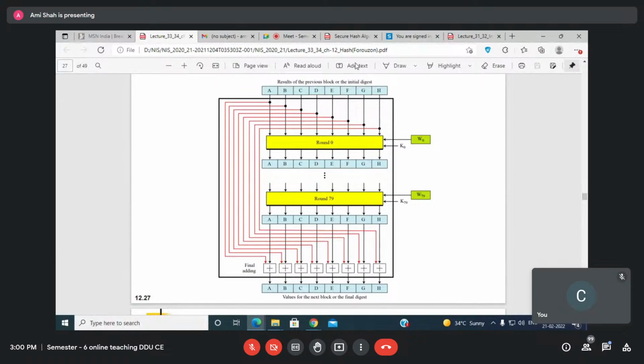Now see here, in this case, what happened? See the first figure, that is A, B, C, D, E, F, G, H. Here I have written the result of the previous block or initial digest.